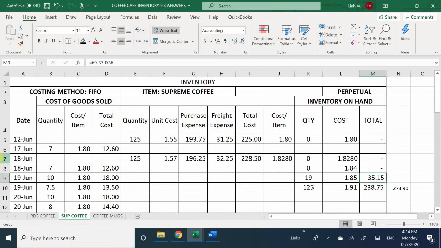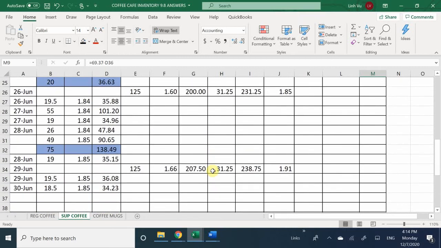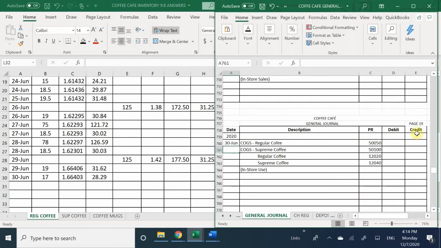So now we can go back to our journal and record our amounts for our regular and Supreme coffee. Okay, so our regular is going to be 28.29, and our Supreme was the 34.23.